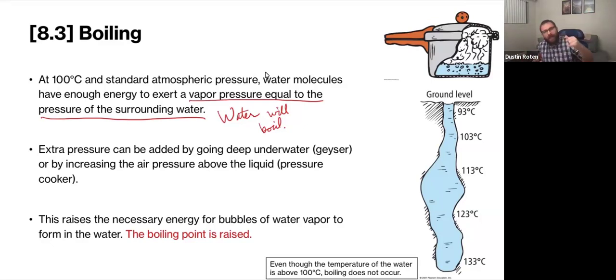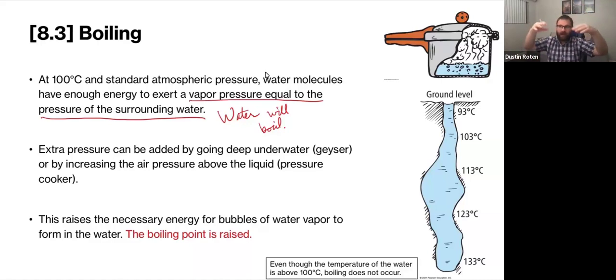We can actually add extra pressure essentially by just adding more water on top of the water column. So if we make it harder for those bubbles to form, then the temperature of the water is going to get hotter. So this actually happens in a geyser, like Old Faithful in Yellowstone.